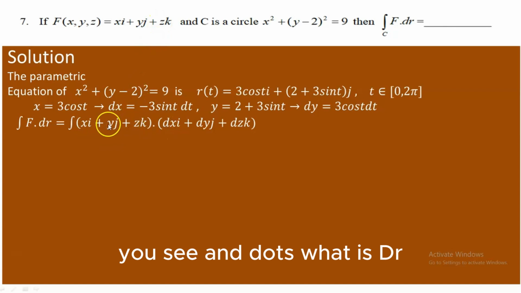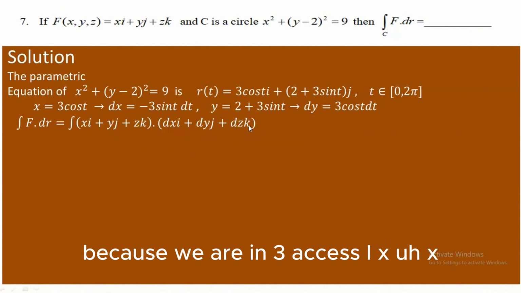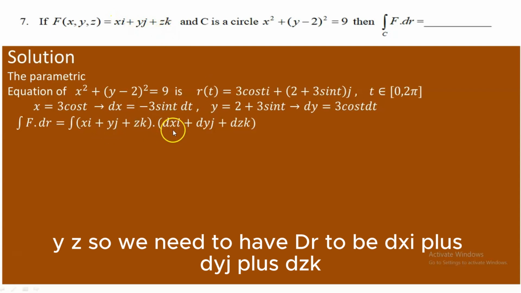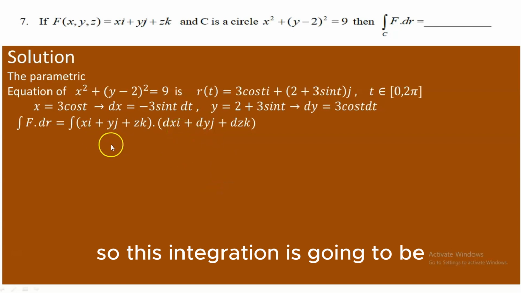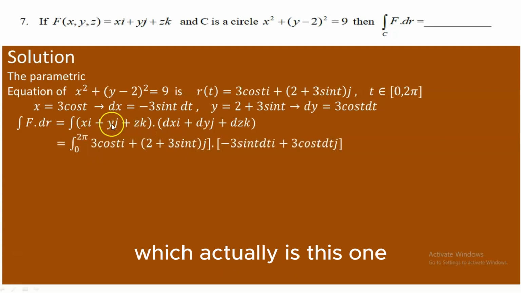And what is dr? dr is dx i plus dy j plus dz k, because we are in 3 axes x, y, z. So this integration is the integral of the dot product of two vectors, which is this one.